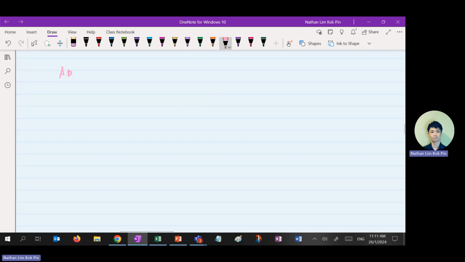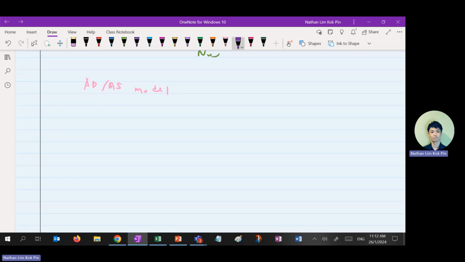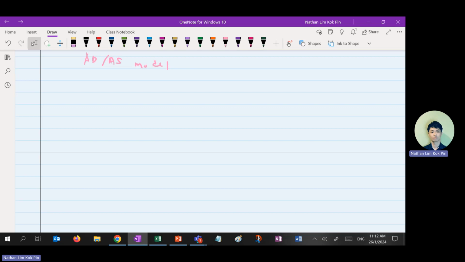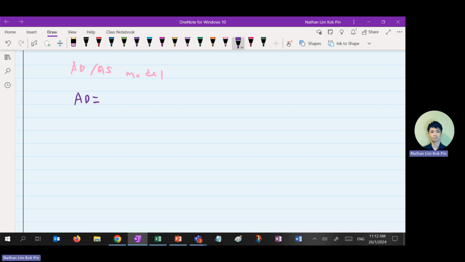This is the ADS model, not approach. The approach has two models. The ADS model is what we covered very recently, in the previous class. AD is still equal to the same equation, C plus I plus G plus NX. They are still affected by the same factors that I covered. Only the diagram is different.